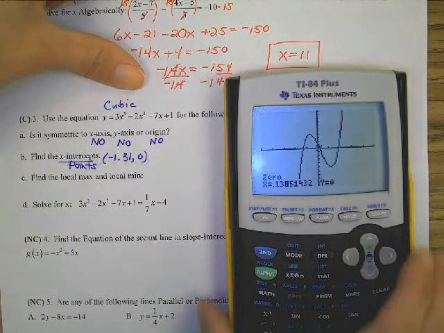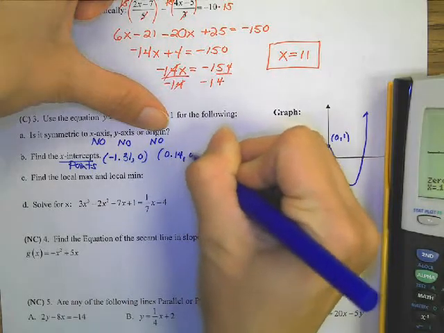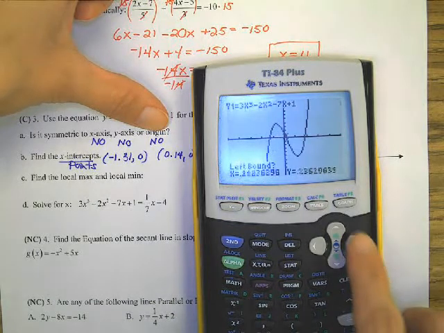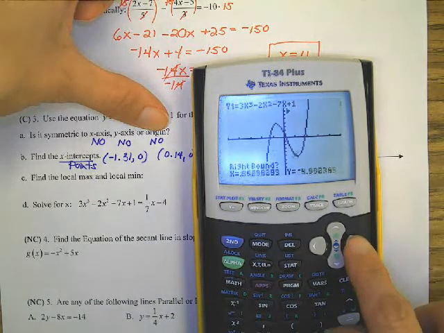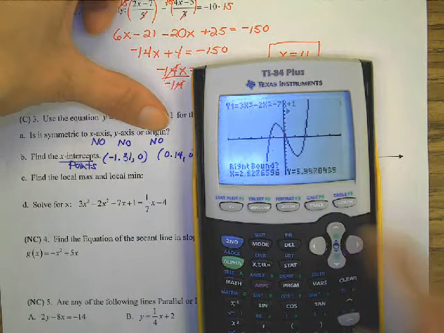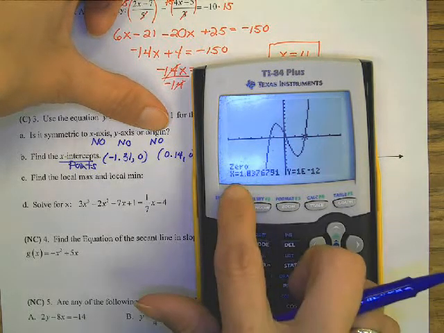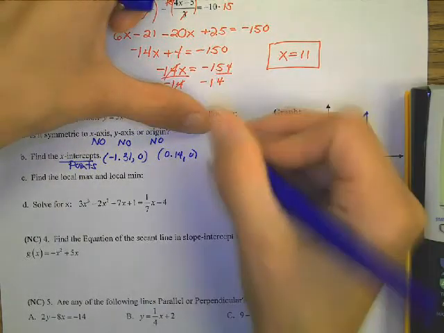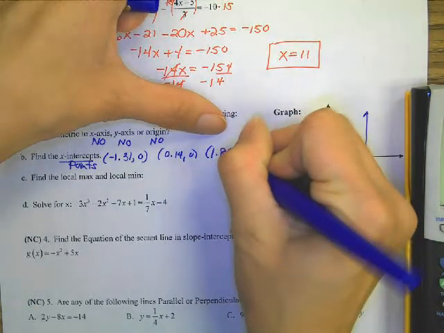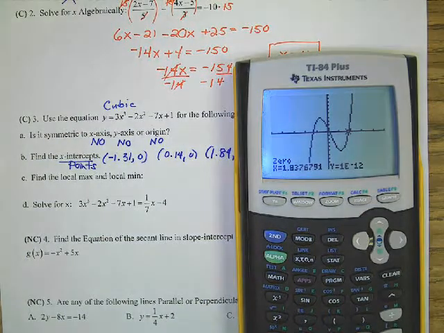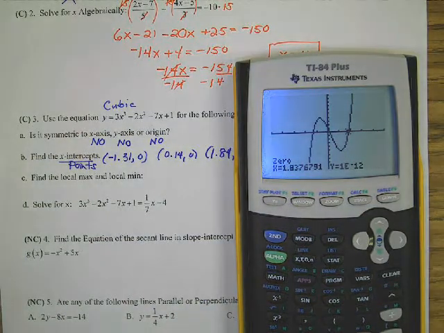And the final intercept: left bound click, right bound click. The x-intercept is 1.84... wait a minute. What is this calculator trying to tell me here? This is really weird, but I'm glad it happened because some people freak out. E means scientific notation, and that's times 10 to the. So 1 times 10 to the negative 12th power.